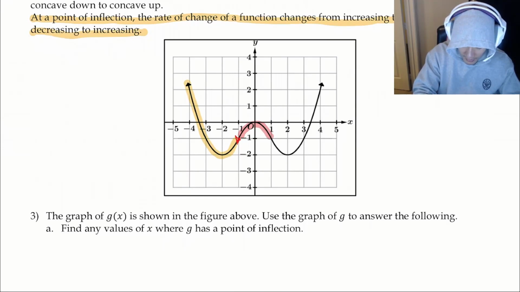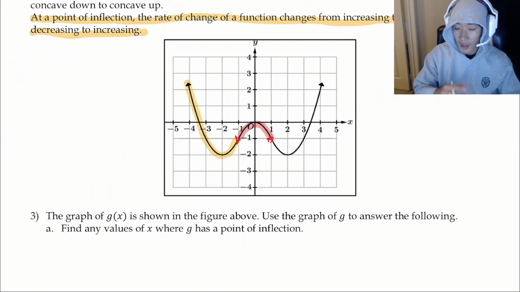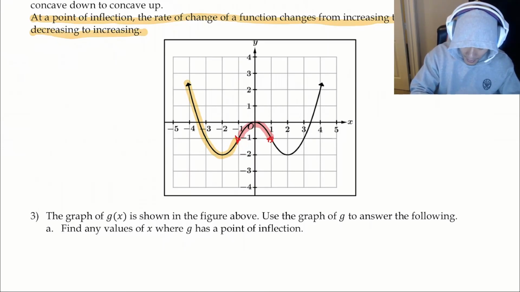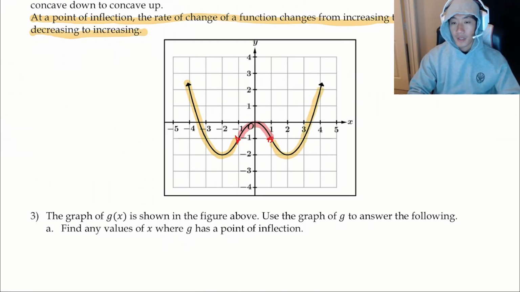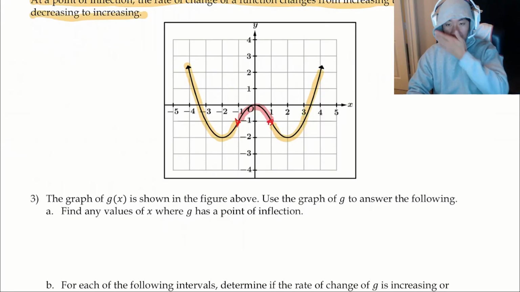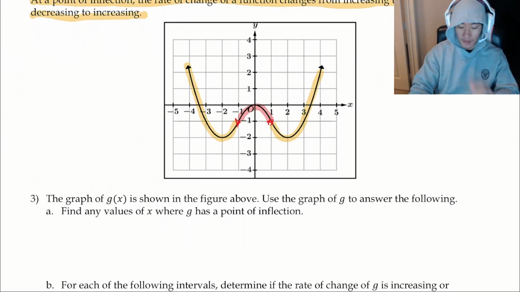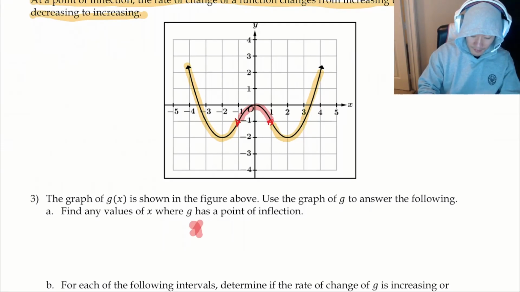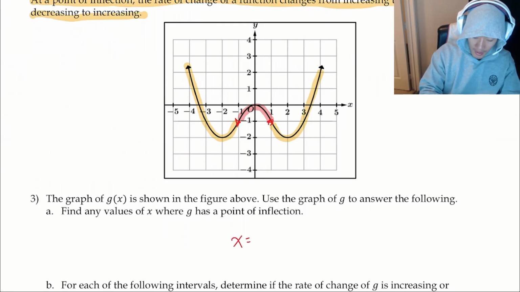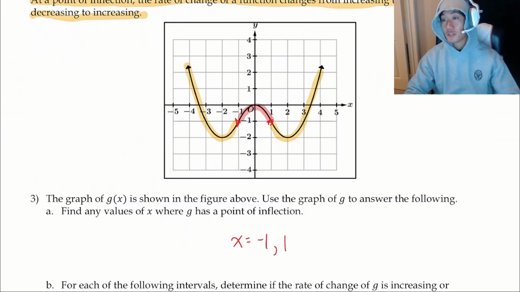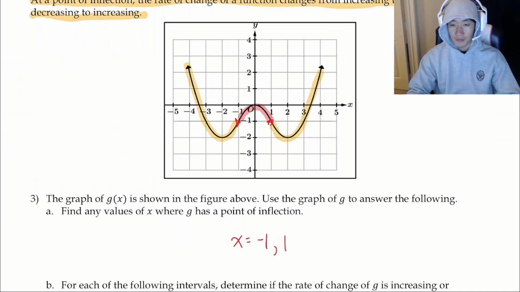And right about there again, since this is exactly symmetrical, the point of inflection should happen again right here, where we go from concave down back to concave up, meaning our slope is now increasing again, right? And so with that being said, I can find those exact x values that I have colored in red there. So I'll say x equals either -1 or 1. Those two spots right there are our points of inflection.